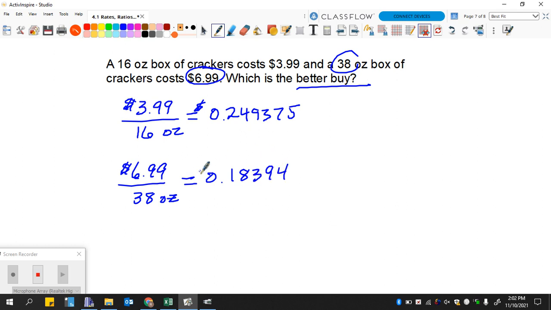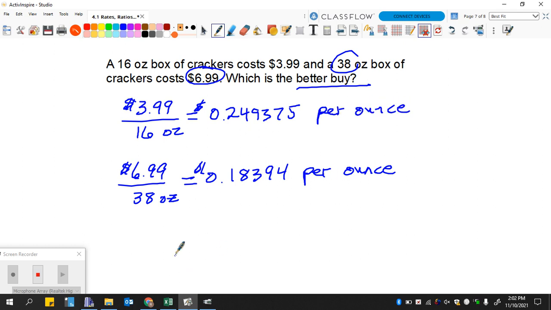And so that's only 18 cents per ounce. This should say per ounce. And this is also per ounce.